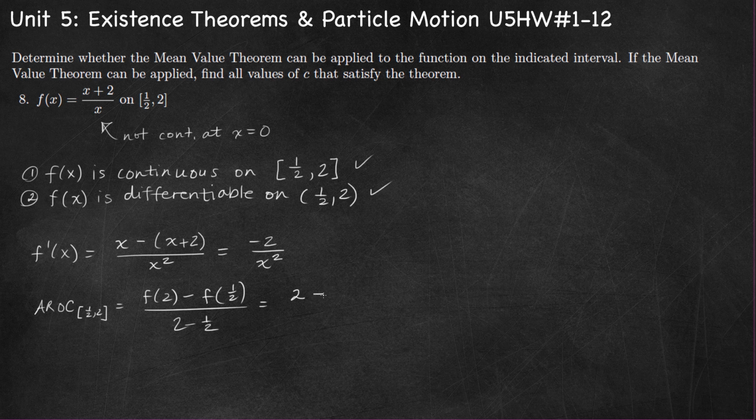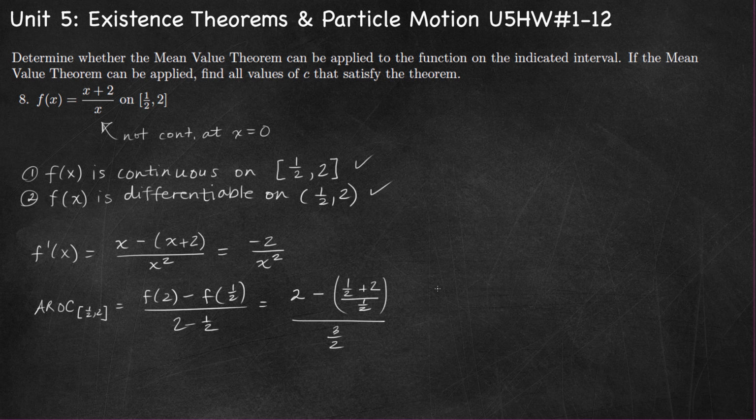That's 1/2 plus 2 over 1/2, over 2 minus 1/2. So 2 minus 1/2 is 3/2.